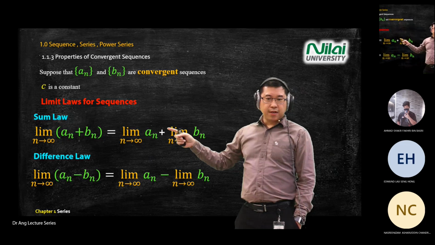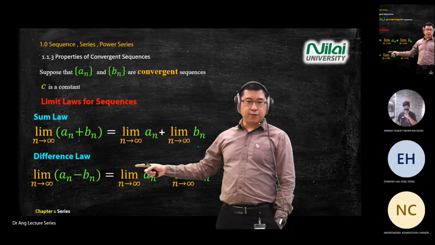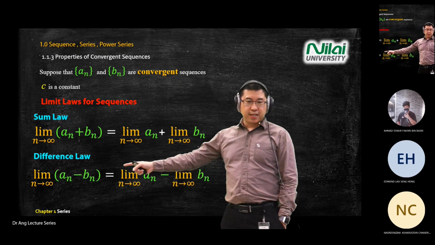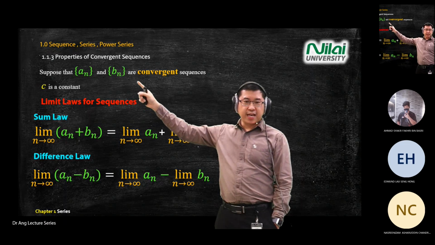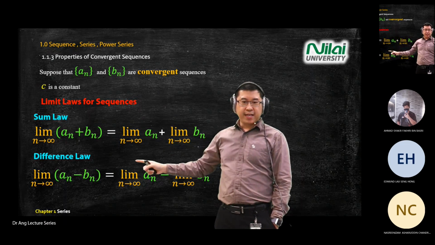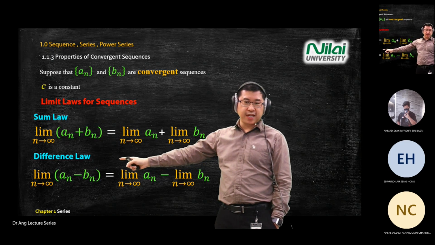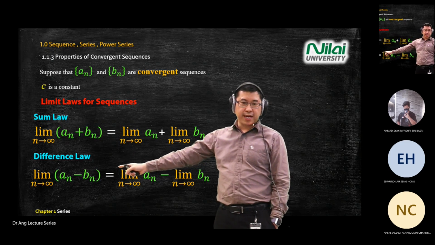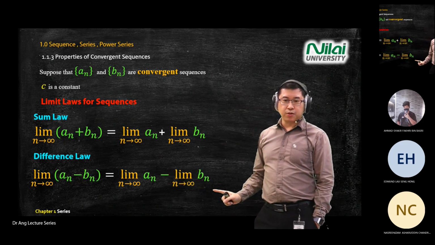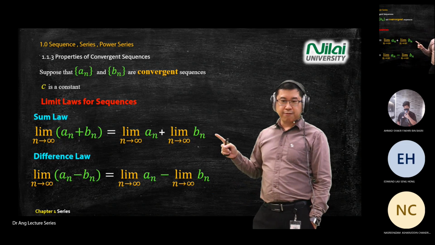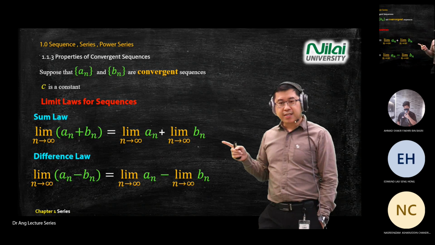The first law is the sum law, or the addition law. The second one follows the same logic. If these two sequences, a_n and b_n, are convergent, and the question asks you to find the difference between sequence a and sequence b, then you can break it into the individual limit minus the individual limit. This is a very basic understanding.